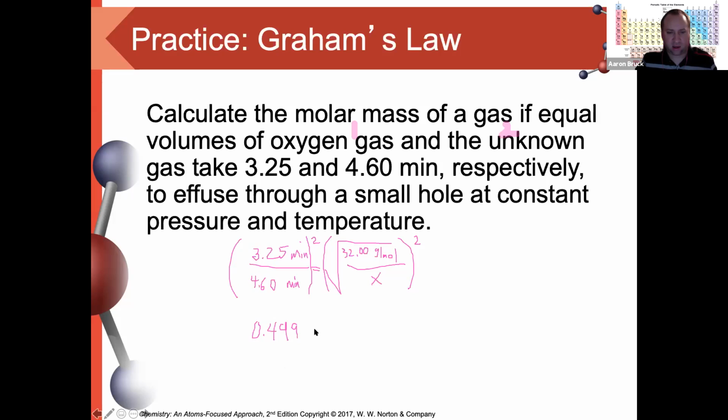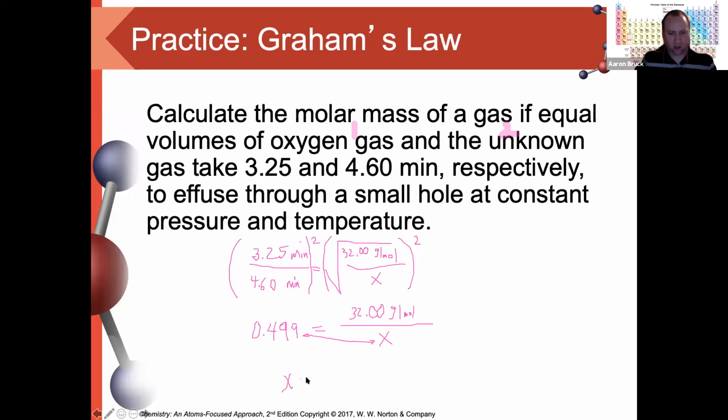0.499, and that's equal to 32 grams per mole over X. And so my next step is to isolate the X. So I'm going to switch the denominator and the other side of the equal sign. 32 divided by 0.499.